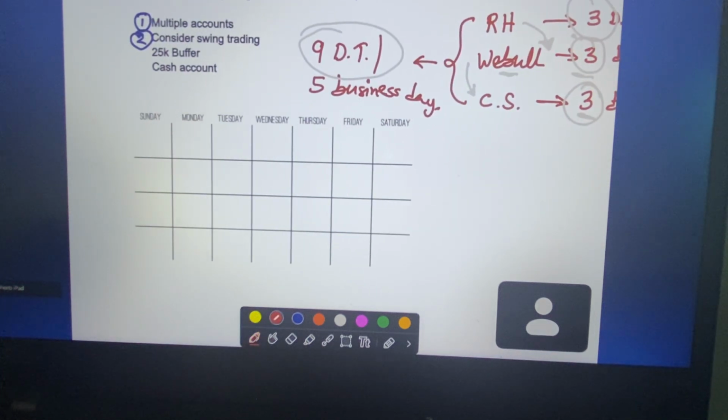I could buy even minutes before the market closes on Monday and sell first thing in the morning. Because this was held overnight, this is automatically a swing trade. And I can do as many as I want. There's no limit to how many swing trades you can do. Unlimited.